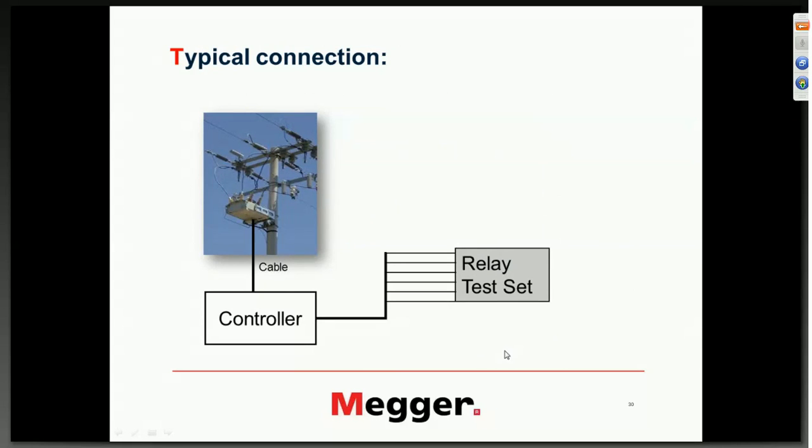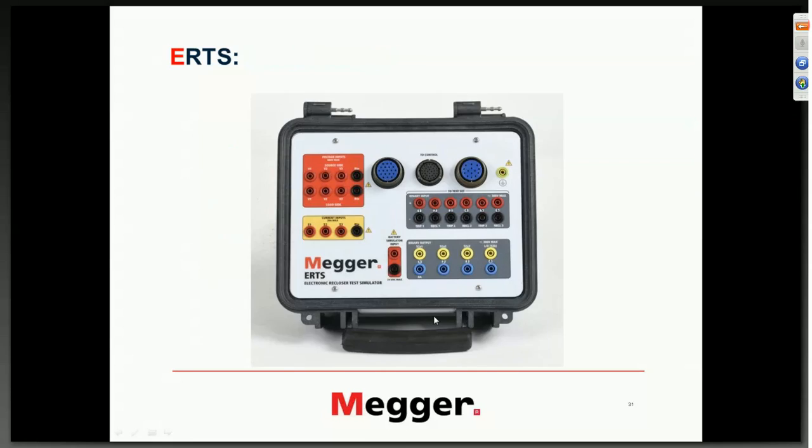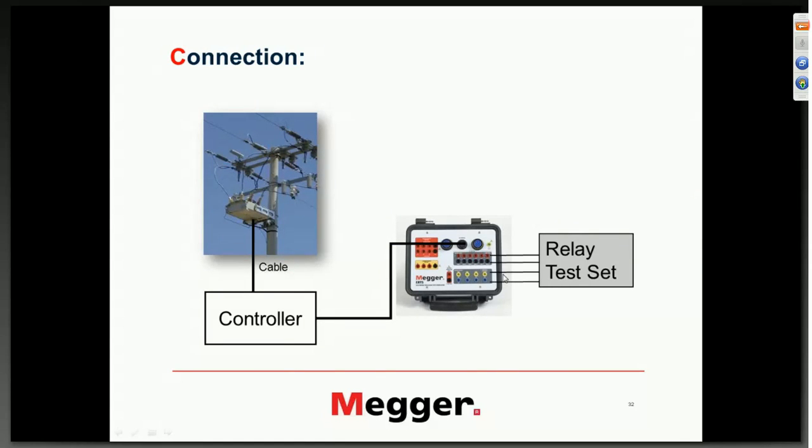It is a painful job to make this connection every single time you go to a pole and then make the connections from the controller to the relay test set. You have an interpreter, or an adapter kind of thing, in between, which takes care of all the trip signals coming from this controller through that 14, 19, or 32 pin, and the breaker statuses also.